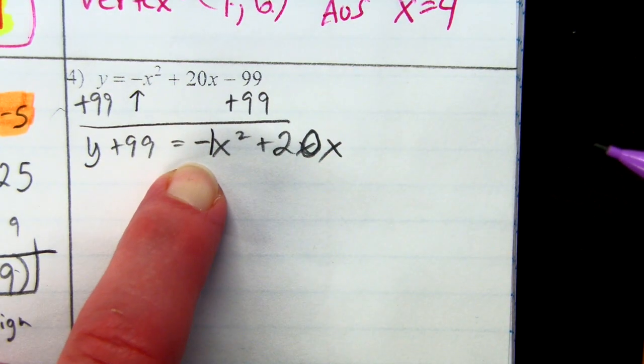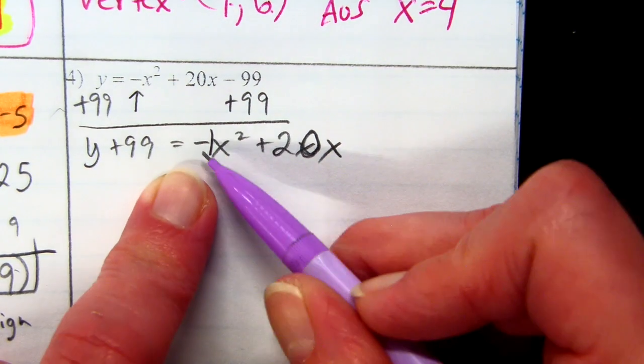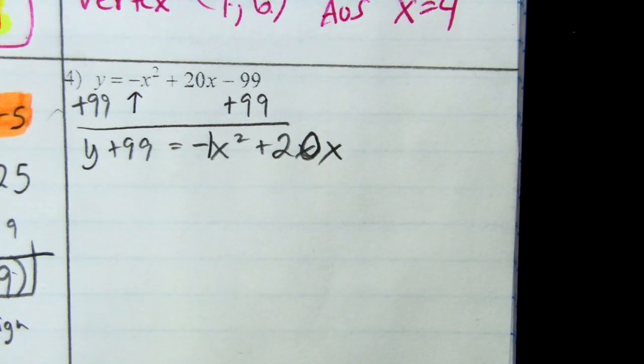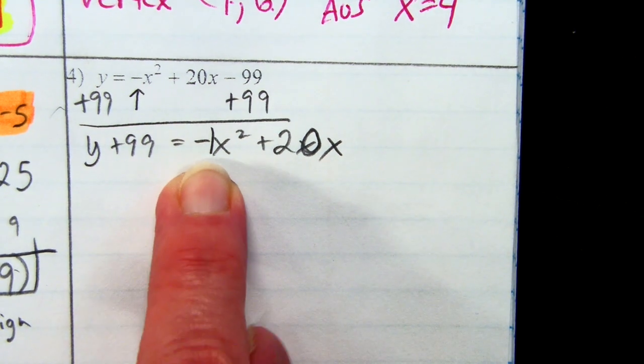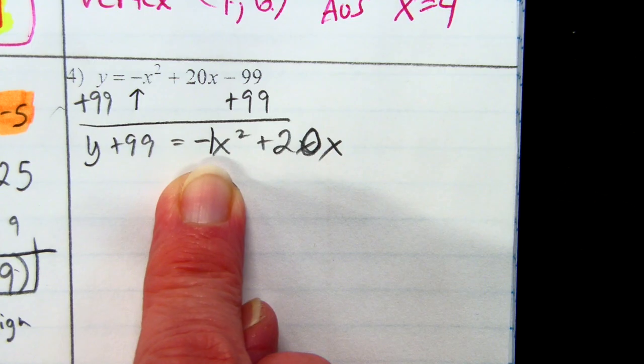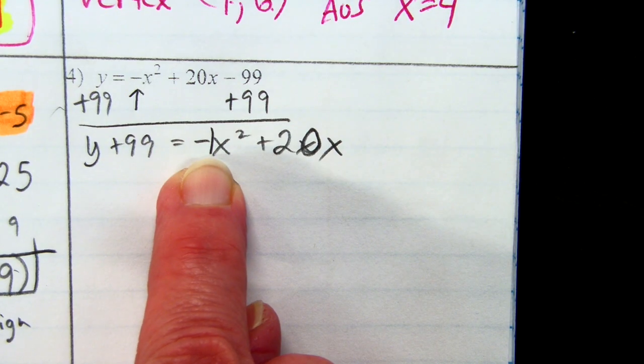If I'm going to complete the square, I've got to take that off somehow, but I'm not allowed to just completely get rid of it forever. Because what does it mean for that parabola if I put a negative in front? We've talked about that. How does that change the graph? It flips it.